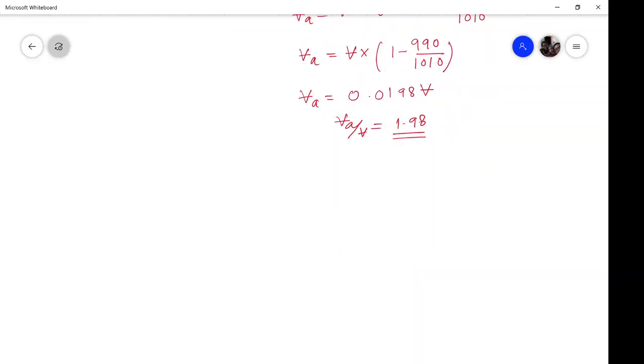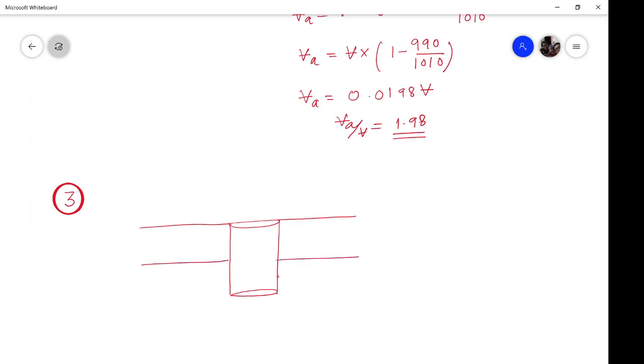And let me solve one more problem for you. This problem says that you have, let us say, a cylinder. Okay, this cylinder is in such a situation that this cylinder is having diameter D, and half of the cylinder is in oil of density rho O and half is in water.